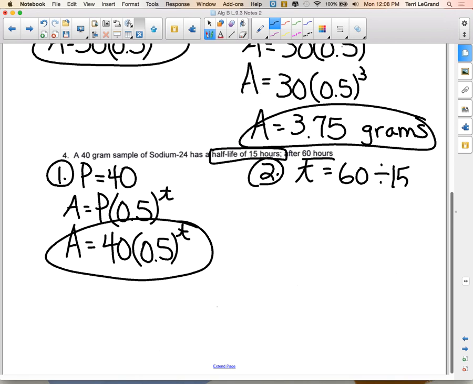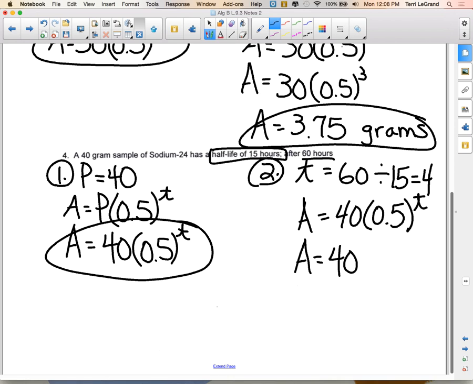We're figuring out how many half-lives it will go through. How many is it going to go through? 4. So we have A equals our model, 40 times 0.5 raised to the T power. We'll substitute our 4 in for T.